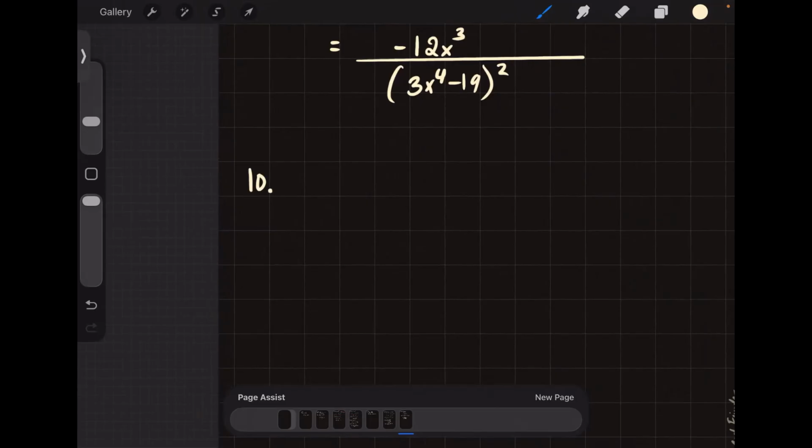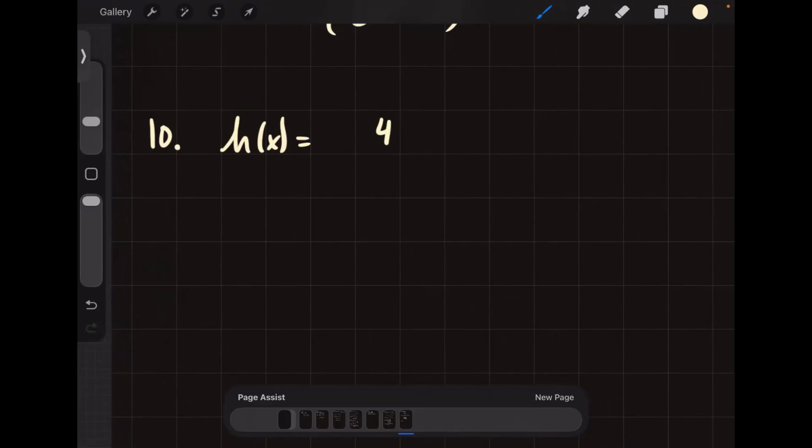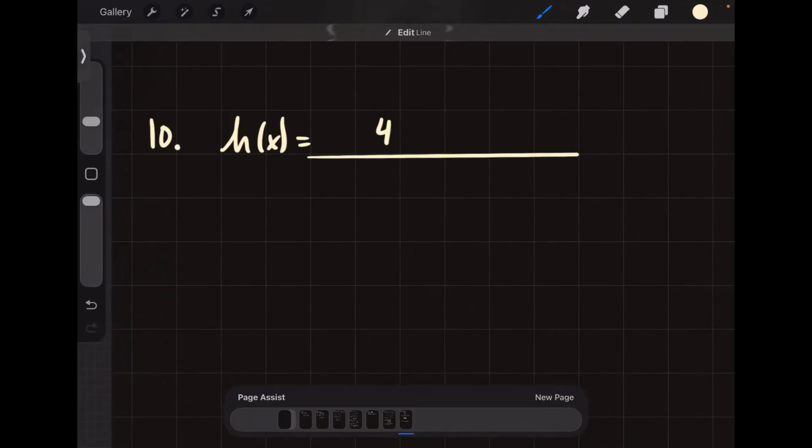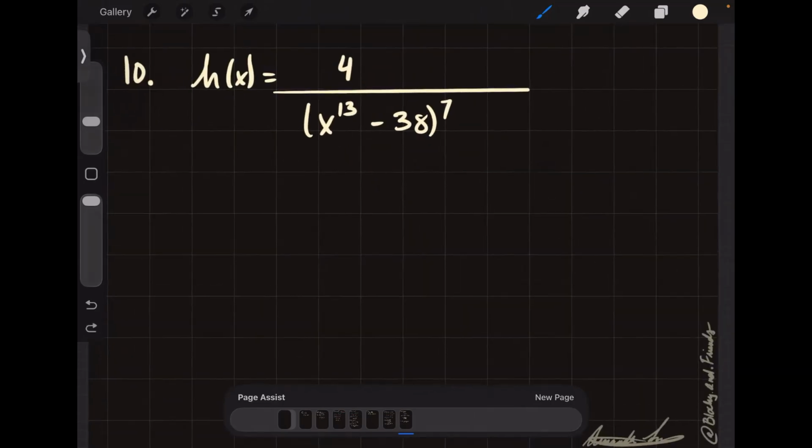What if I ask for h of x is equal to 4 divided by (x to the 13th minus 38) to the 7th. Again, easy money. This is the same as saying 4 times (x to the 13th minus 38) to the negative 7th.